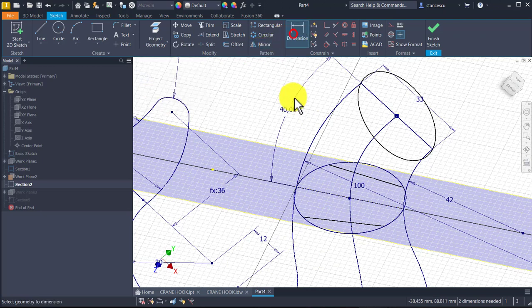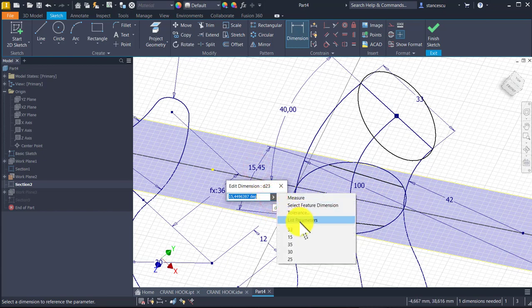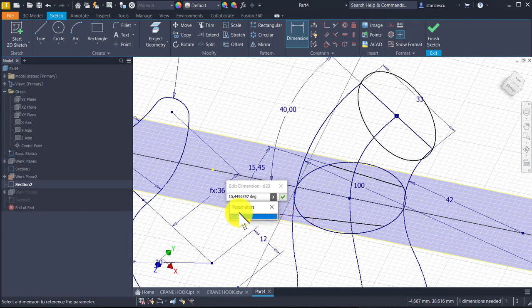I apply dimension of the angle between these two. I want to apply the angle, and I go to the parameters, list parameters, and I see that only one is available. Yes, because this is the one named by us.